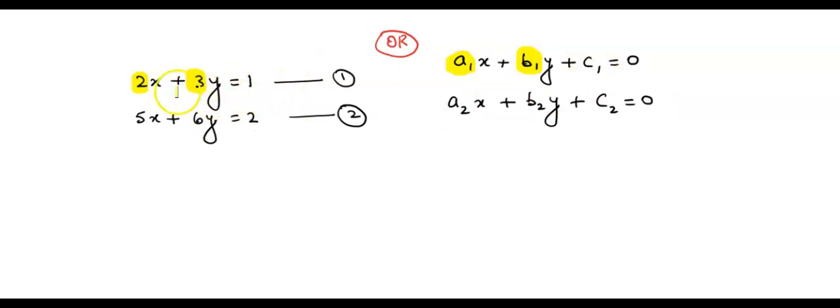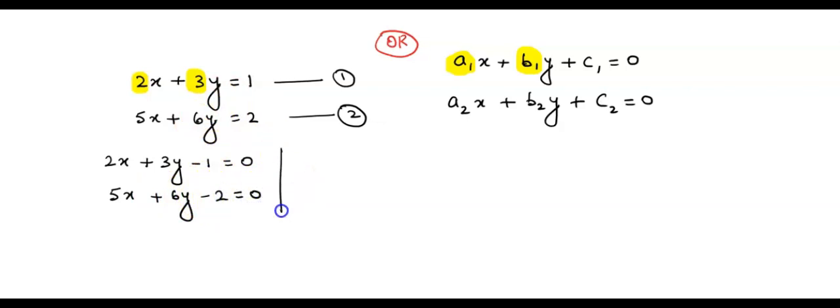It means this is not in the standard form. So we have to bring equation 1 to its standard form. That is 2x plus 3y plus 1, coming to the other side, becomes minus 1, is equal to 0. Even equation 2, 5x plus 6y plus 2, coming to the other side, becomes minus 2, is equal to 0.